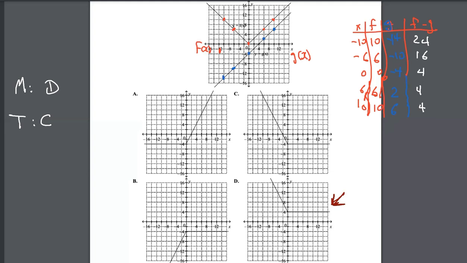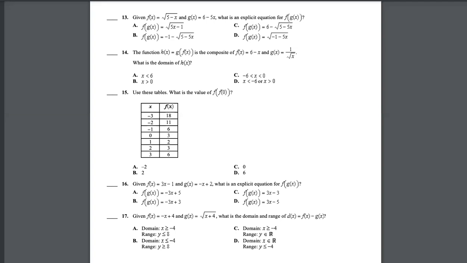So now I'm just going to clear all of this. So I would like you to try 13 and 14, and then 15 as well, because what we've done so far, you'll be able to answer all these questions. 16 and 17.